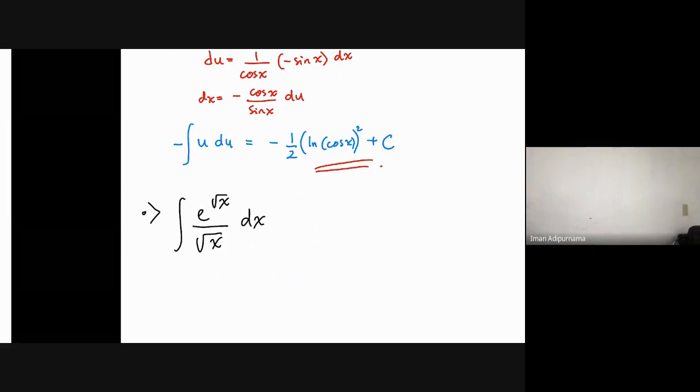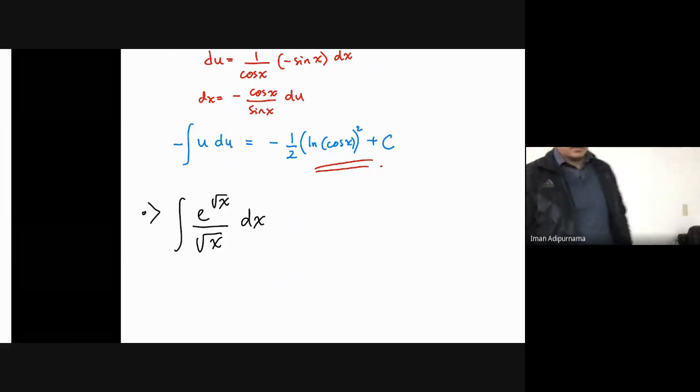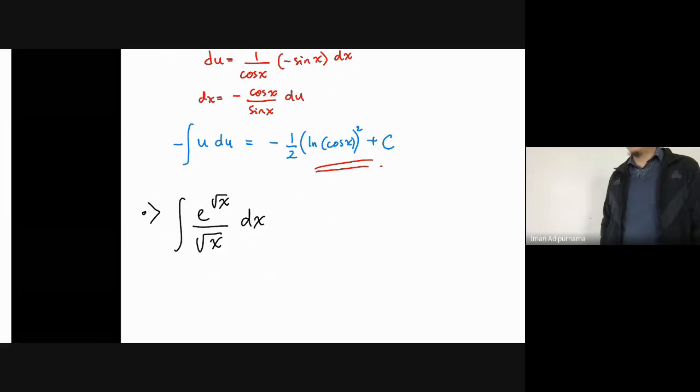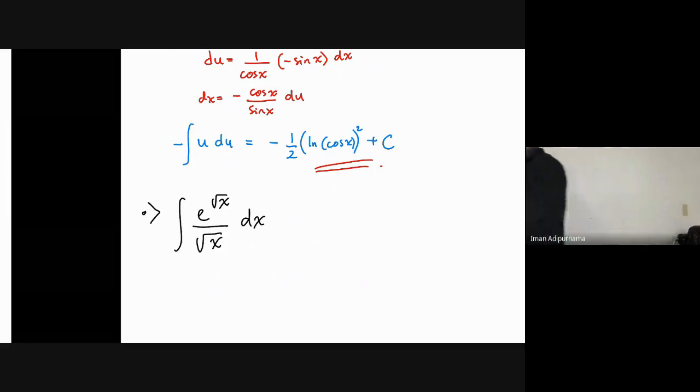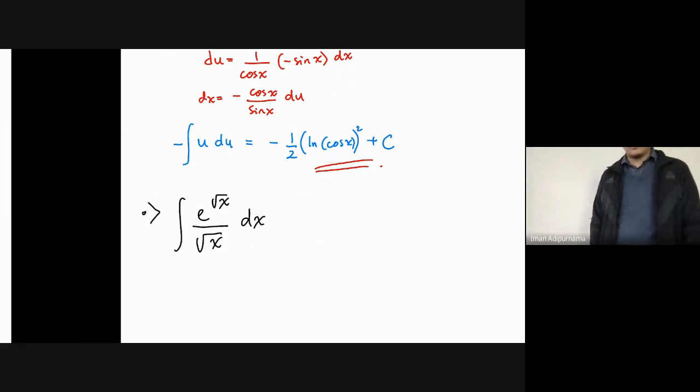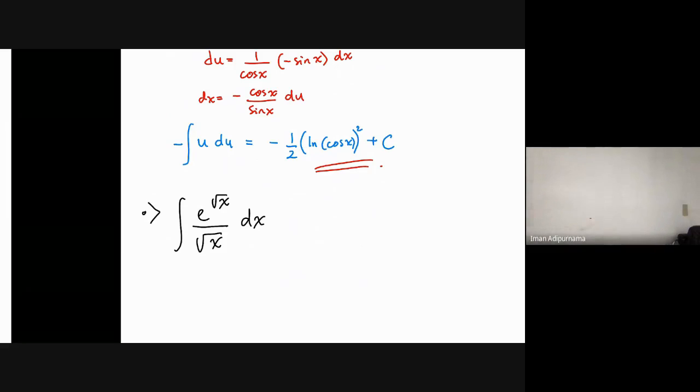The next one is e to the square root of x. How do you solve this one?